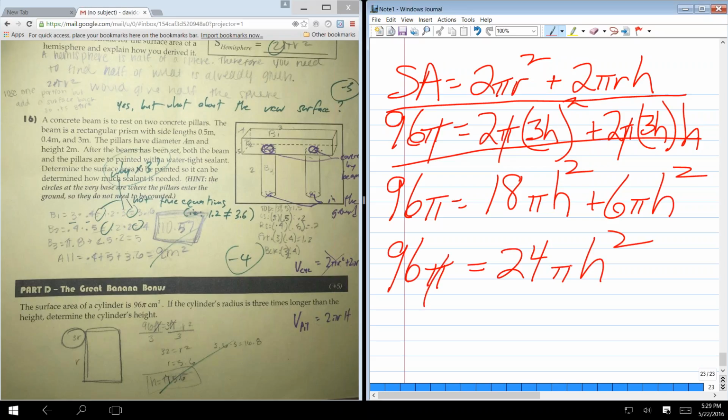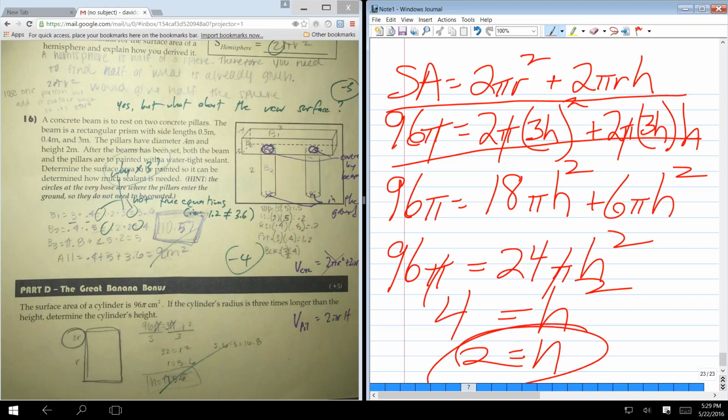Now I cancel the pi's, divide, you got 4 equals h squared. Once you get the starting general equation, the only way you're making a mistake is to make an arithmetic mistake. That is the secret of geometry, I'm telling you.